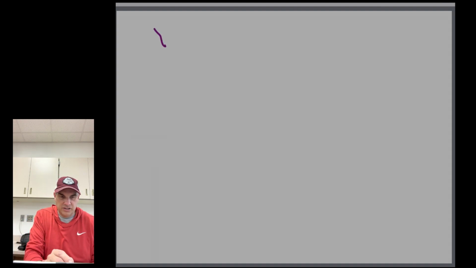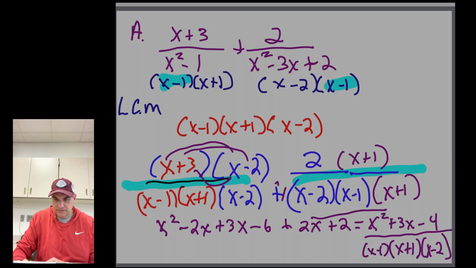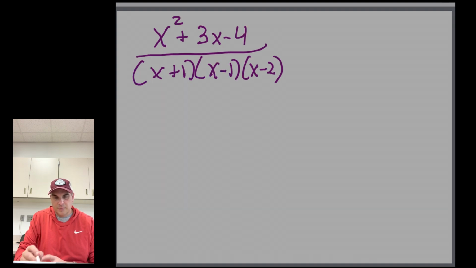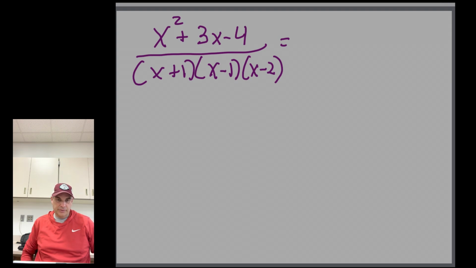So, just a continuation. We had x squared plus 3x minus 4 all over x plus 1, x minus 1, x minus 2. Now we have to look at that top part and say, okay, now we've really done the adding. Now we need to see if we can simplify this a little bit more. Can we factor that?